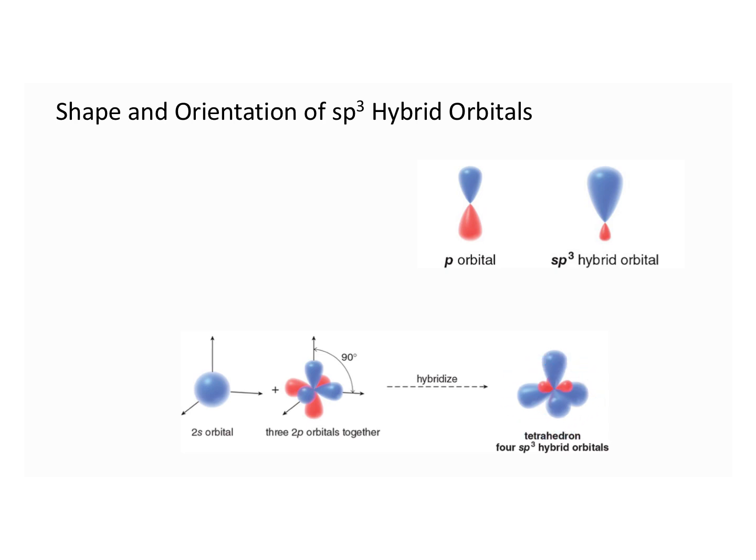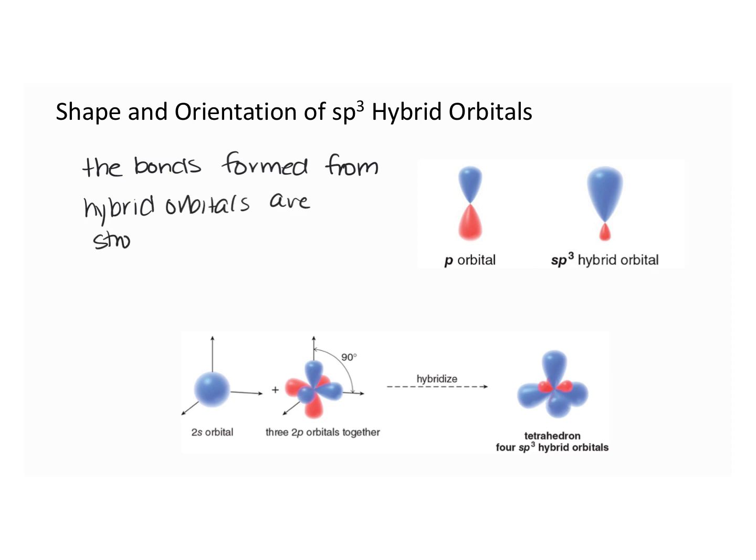Now, the bonds formed from hybrid orbitals are stronger than the bonds from pure p orbitals. And these four hybrid orbitals form four equivalent bonds.